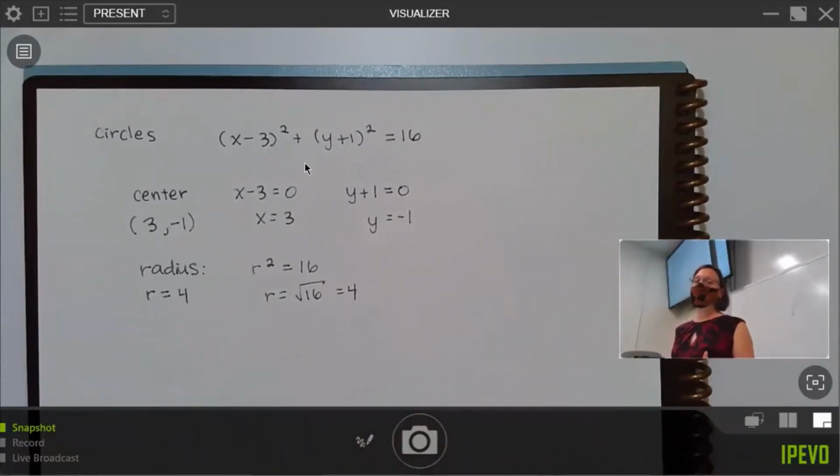So usually what happens with circle problems is that we encounter it not in the pretty way, and then we're asked something about the center and the radius, or we're asked to graph it.